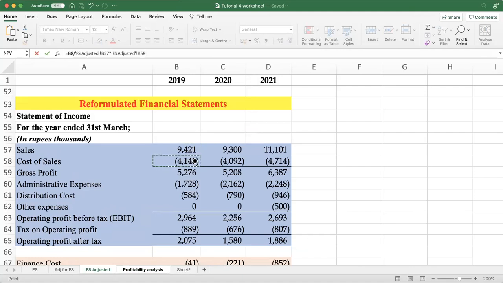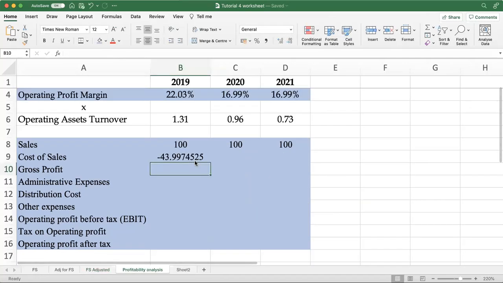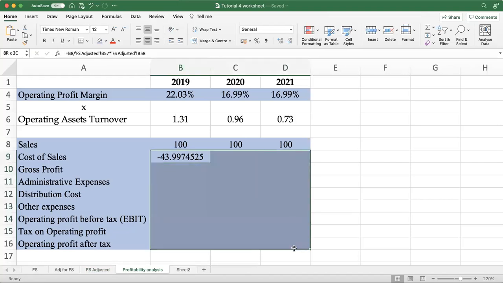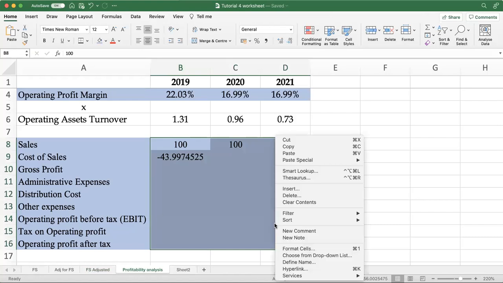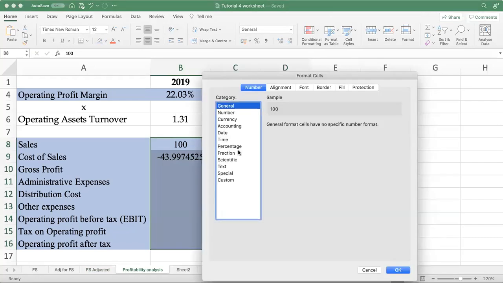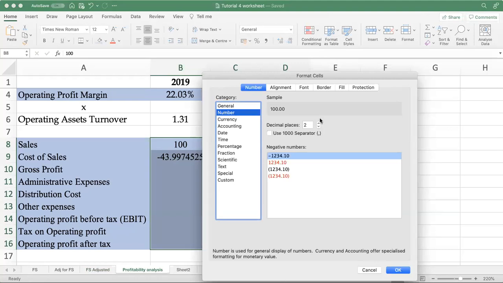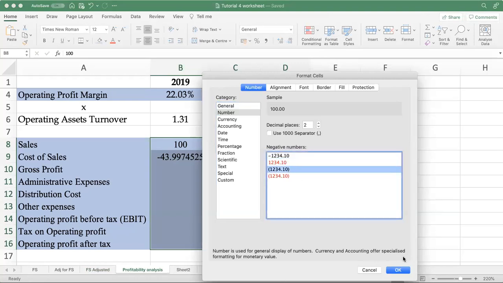So we studied those things. That gives you the common size value of cost of sales. We'll round up to 2 decimals.